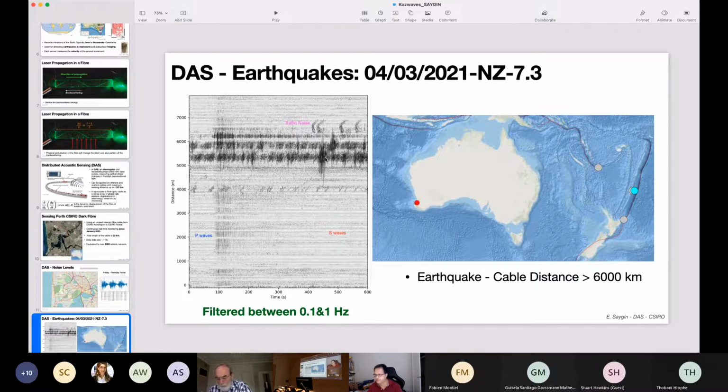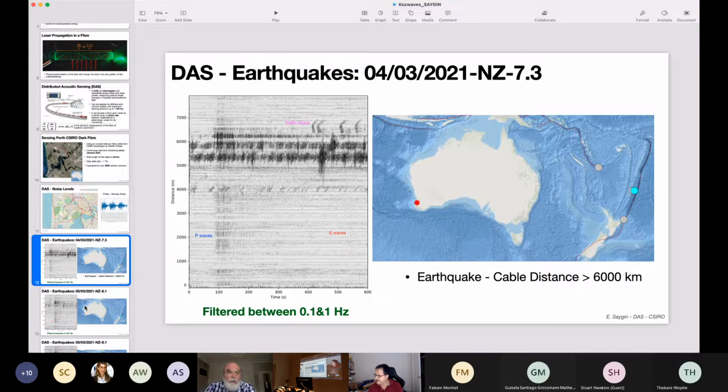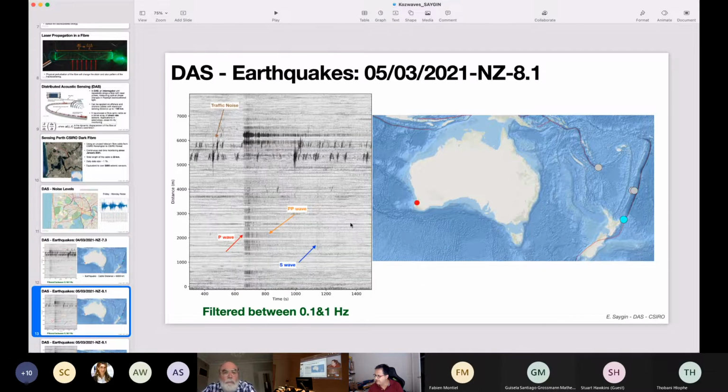That's because that part of the cable is close to the city center. And this is an example. Another event happened again south of that earthquake. That was magnitude 8.1. Again, traffic noise dominated some parts of the cable, but we clearly get body waves, including some surface reverberations as well.